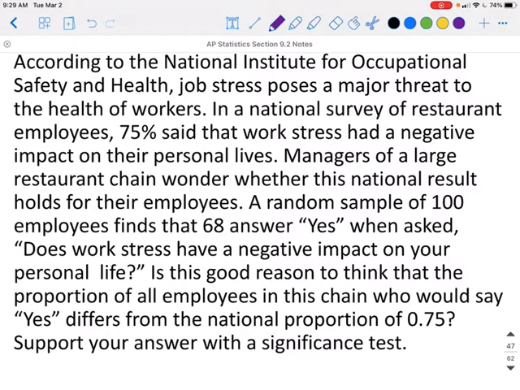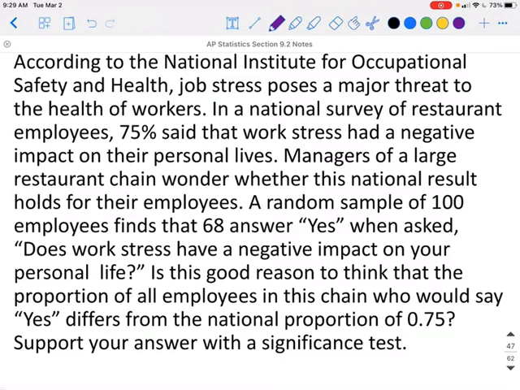A random sample of 100 employees finds that 68% answered yes when asked, does work stress have a negative impact on your personal life? Is this good reason to think that the proportion of employees in this chain who would say yes differs from the national proportion of 75%? Support your answer with a significance test.